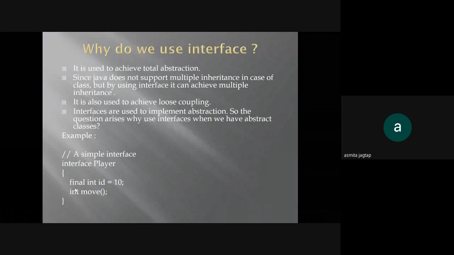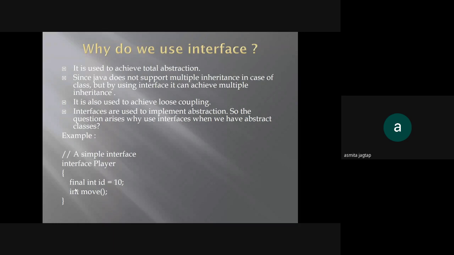Okay, so the syntax is like in a class, the way we declare a class with the class keyword and class name, in a similar way we write an interface, for example Player. So Player is my interface. It mostly contains abstract and final methods, but as the JDK version is updating, other things can also be added in the interface.